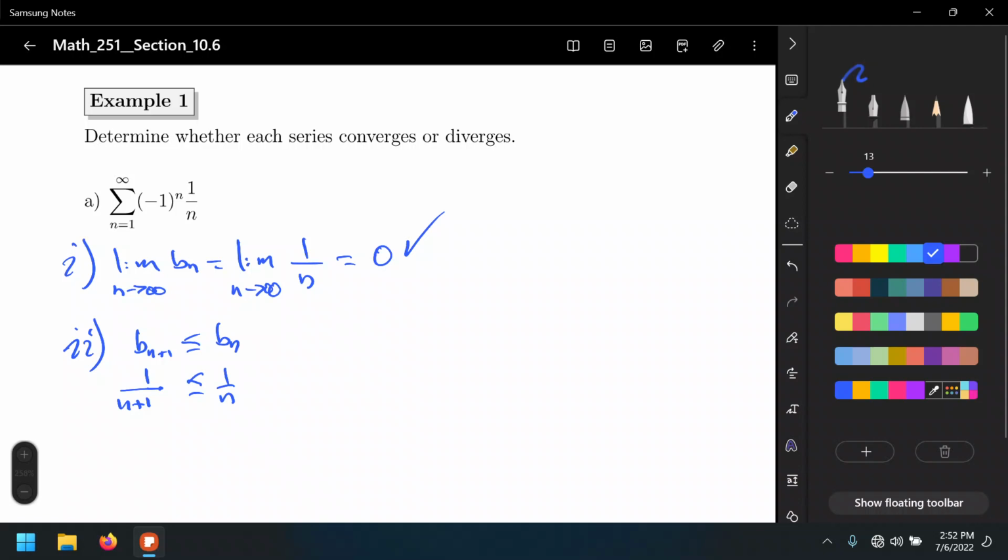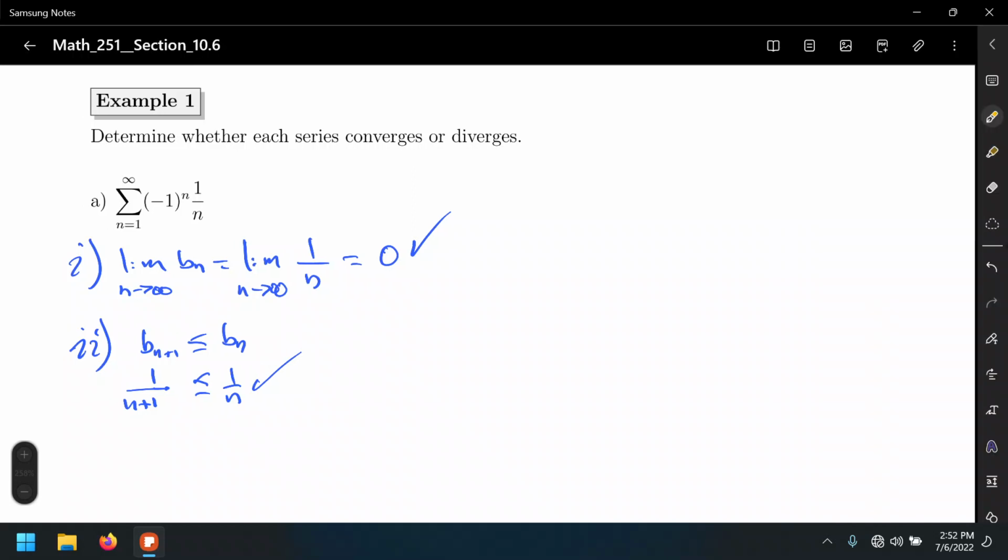Is that inequality true? Yes. The denominator on the left-hand side of the inequality is a larger number, making the overall value a smaller quantity, checking with the inequality, of course. In this case, the series converges by the alternating series test, AST.